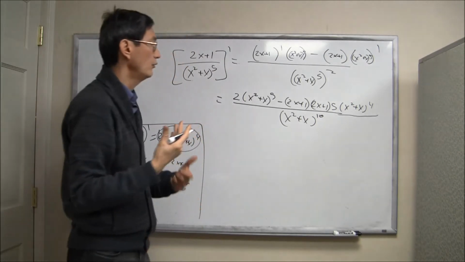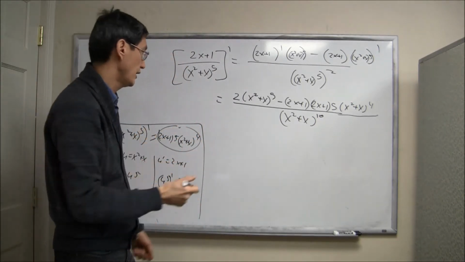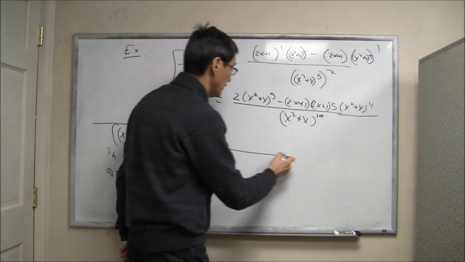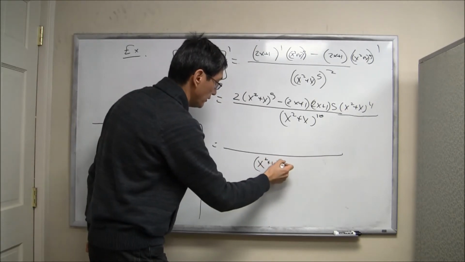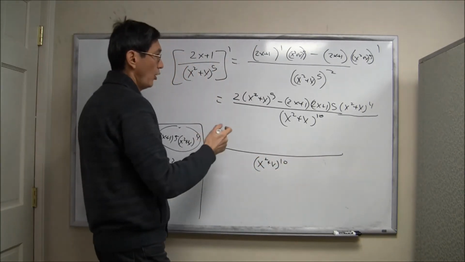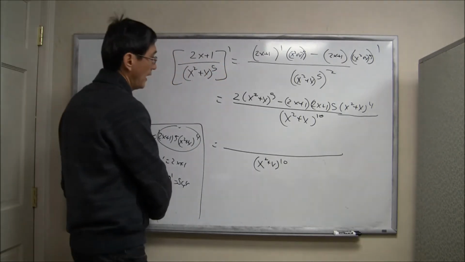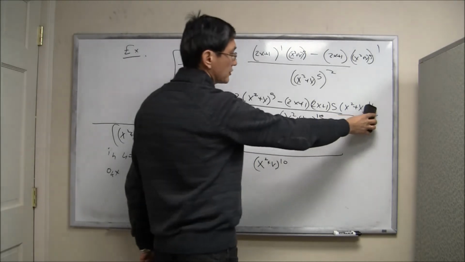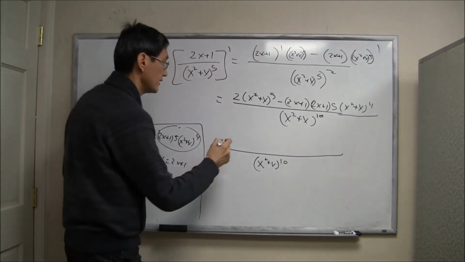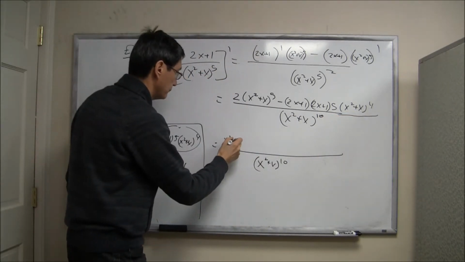Okay. Now what is left is to simplify that expression, and the way we're going to simplify it is, I keep the denominator as it is. On the top, I have x squared plus x to the fifth and x squared plus x to the fourth, so I can take x squared plus x to the fourth out.